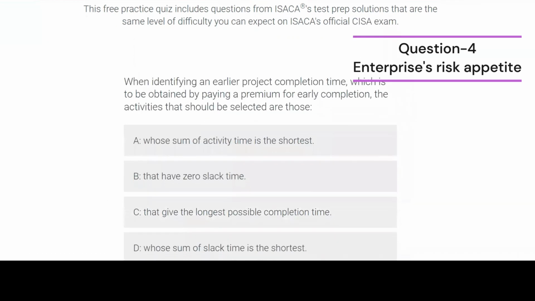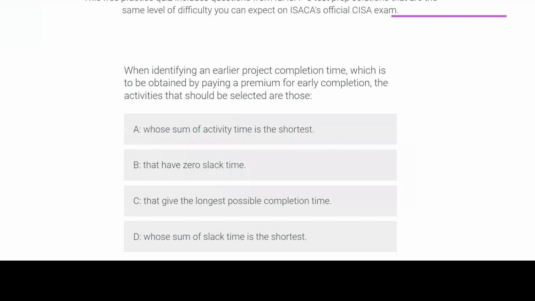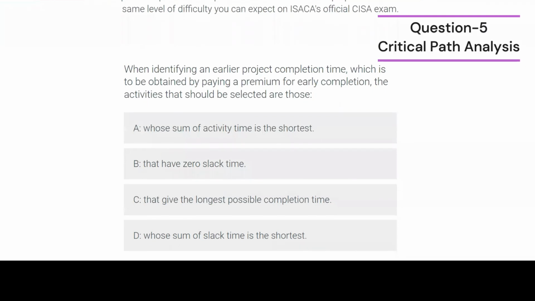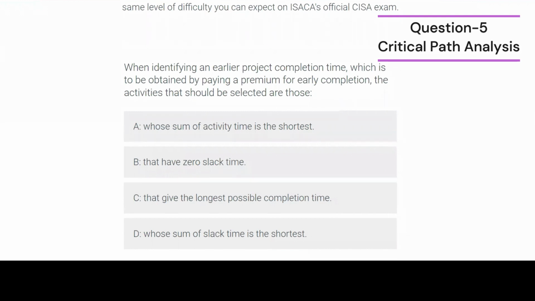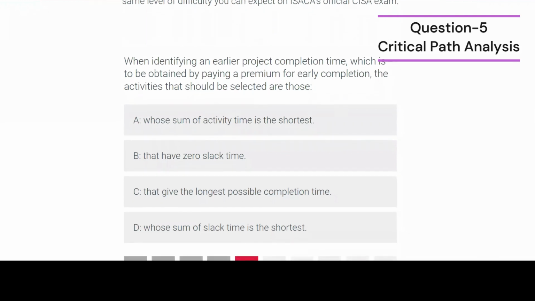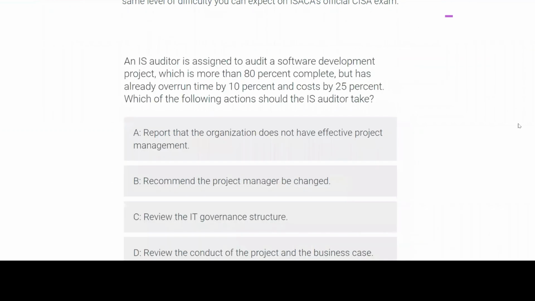And the next question: when identifying an earlier project completion time, which is to be obtained by paying a premium for early completion, the activities selected should be those whose sum of activity time is the shortest and that have zero slack time, that give the longest possible completion time, whose sum of slack time is the shortest. Because the critical path has zero slack, right? There is no slack. So this should be the right answer.